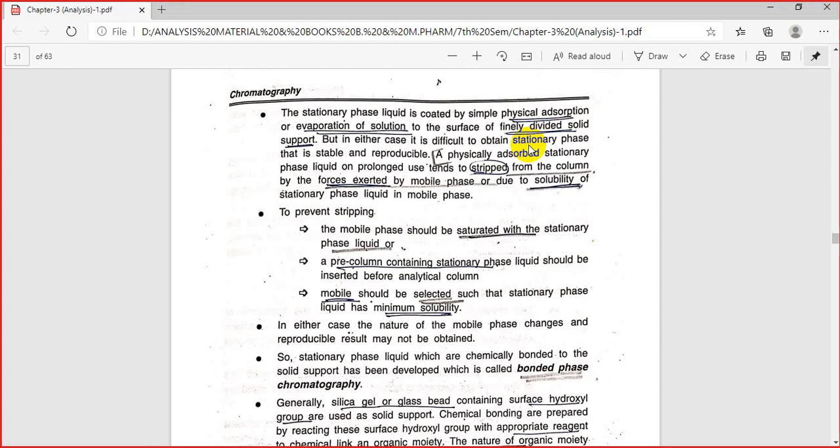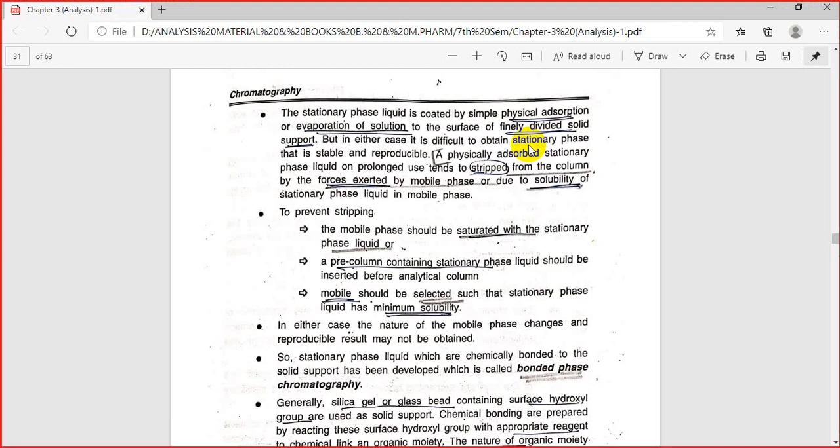Regenerated. Now, when physical adsorption of the liquid on the stationary phase takes place, on very much use or prolonged use, it tends to strip from the column.